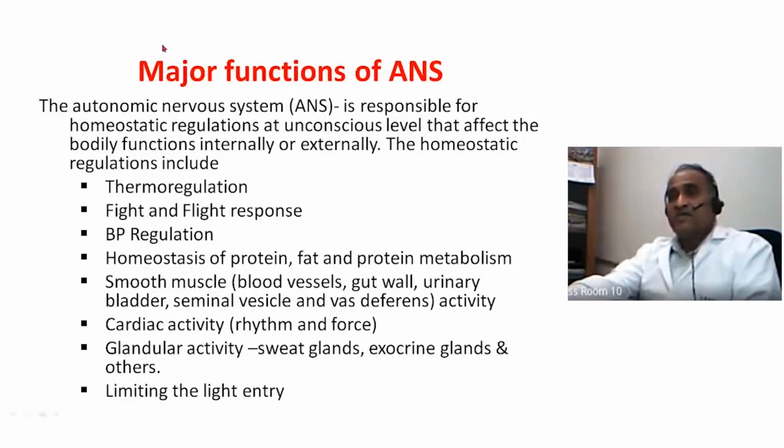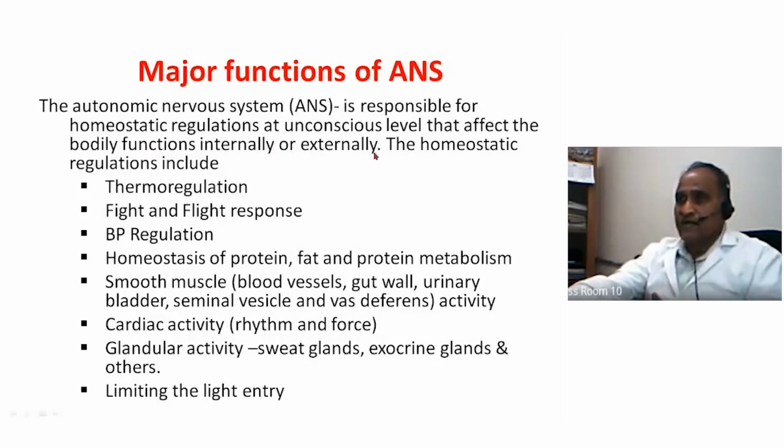Broadly, we consider what the major functions of the ANS are. As I mentioned, the autonomic nervous system is responsible for homeostatic regulations at an unconscious level that are brought about by changes in internal and external stimuli.